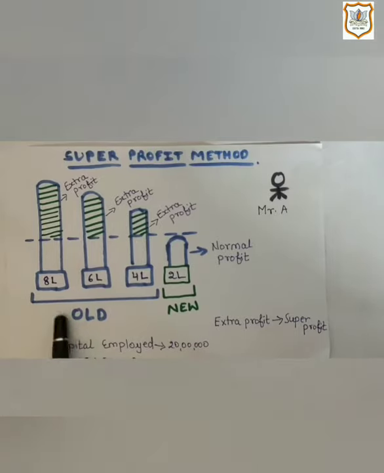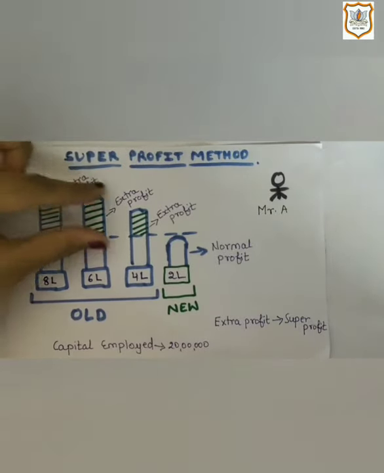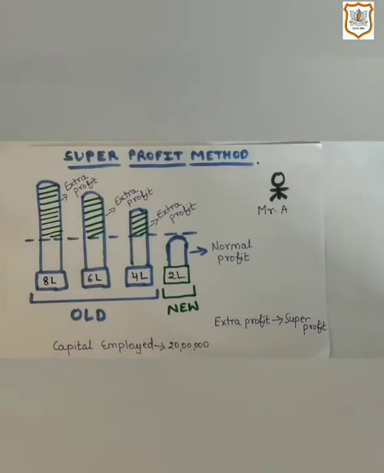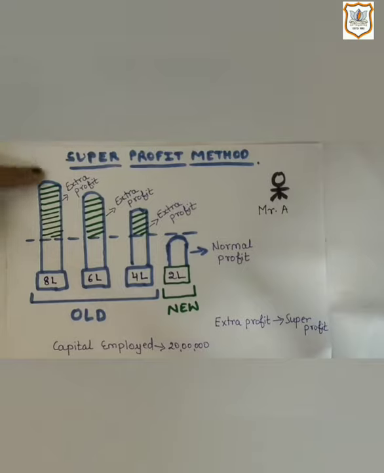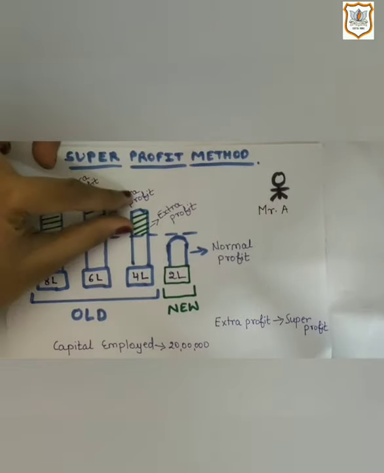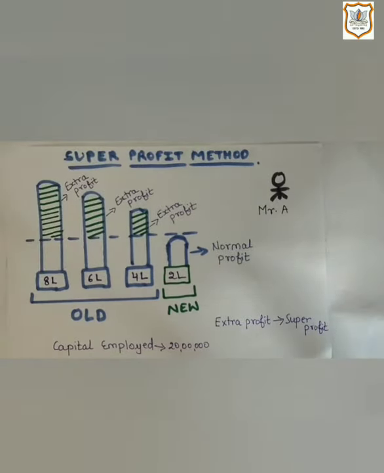Why are the old businesses earning extra profits? They are earning extra profits because of their goodwill. That is because of the advantage that they have built over all these years over the new businesses that have come in the market. So these extra profits are called super profits.